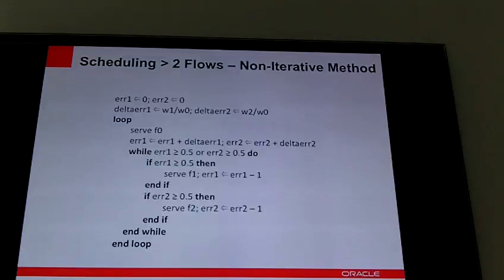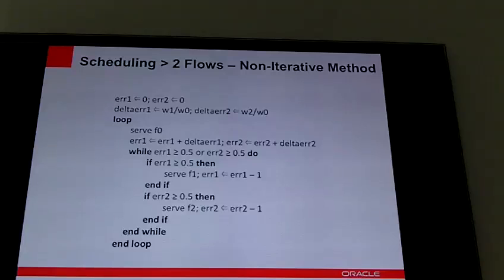So I will now also explain how more than 2 flows could be merged with a non-iterative method. In this example, I'm merging 3 flows, F0, F1, F2. Basically, this code just combines the previous code sample that I've shown. It just merges 2 copies of that code.